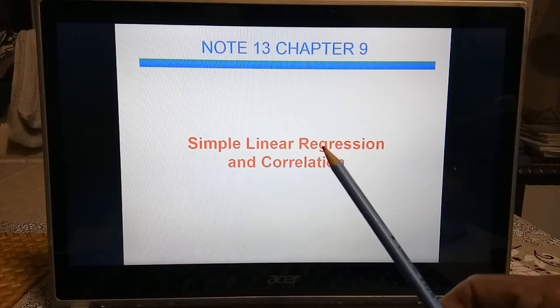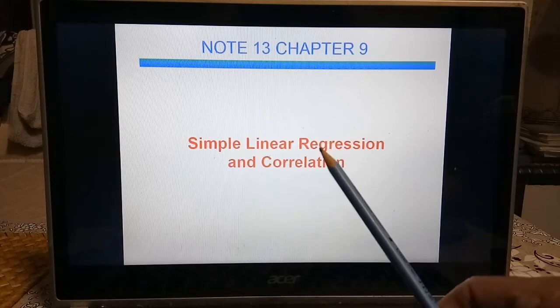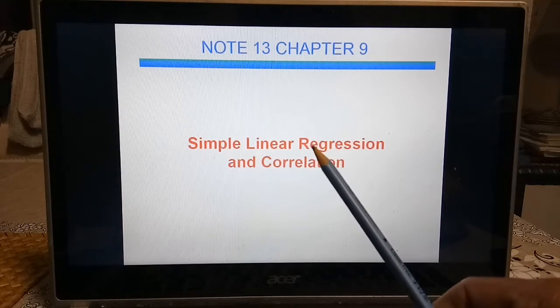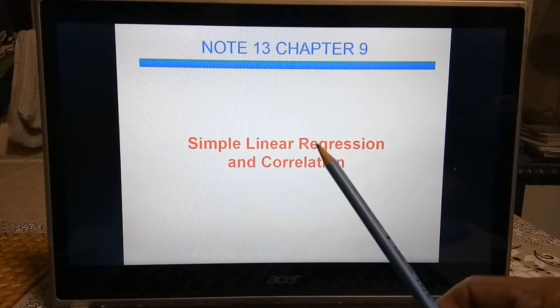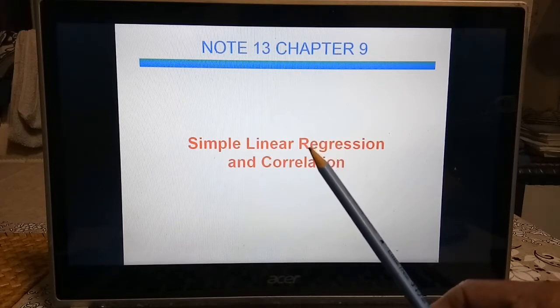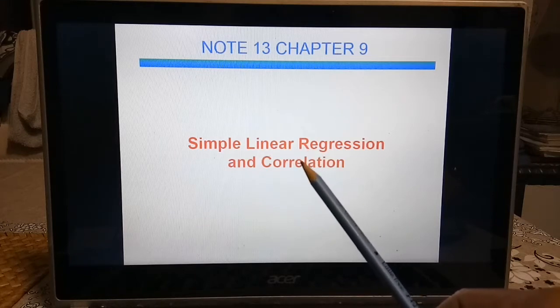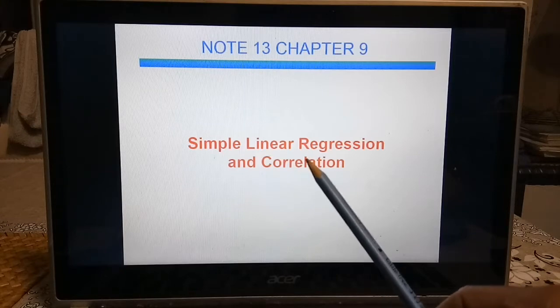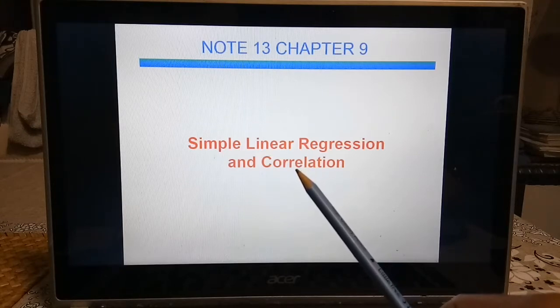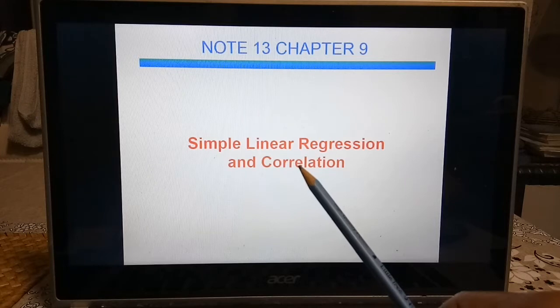So is there any relationship involved in the study between factors in the relationship, okay, or is there any connection between two factors?